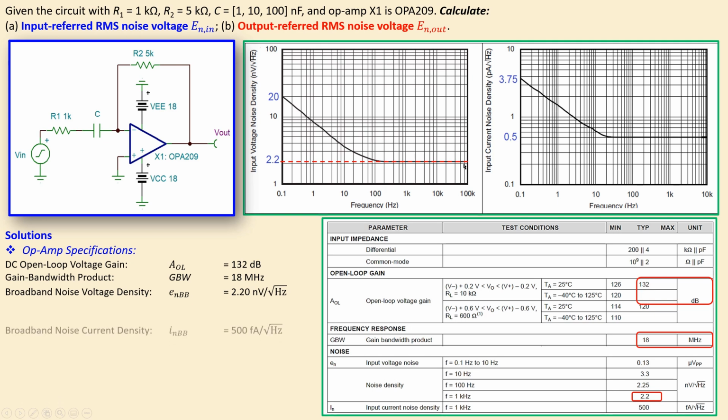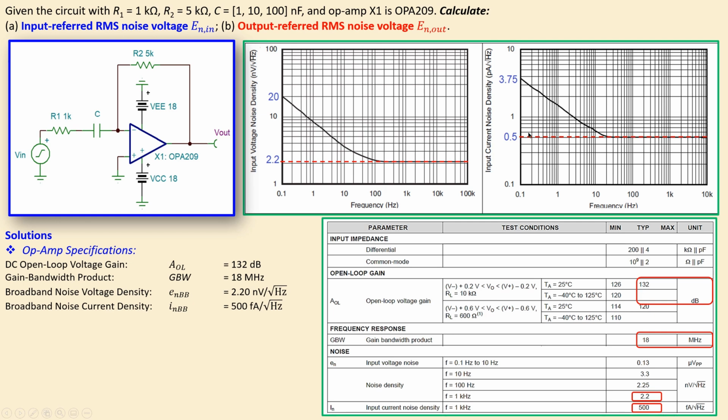Now in a similar form we have the broadband noise current spectral density, which is given by this symbol. It's 500 femtoamps per root hertz. That is shown here in the table, and that is also defined at a frequency of 1 kilohertz, but this is also determined from the graph for the input noise current spectral density.